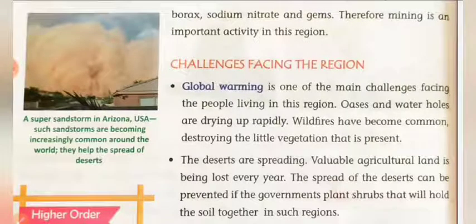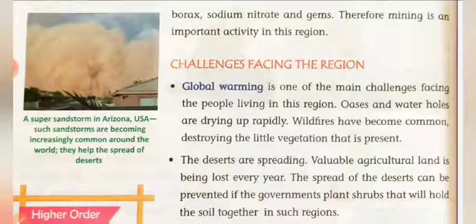The desert is spreading because when the trees hold the soil, their roots join to each other, but when we cut the tree, the soil is free, and due to natural forces, the soil is carried to other places, that is called soil erosion. So the desert is spreading. Valuable agricultural land is being lost every year.